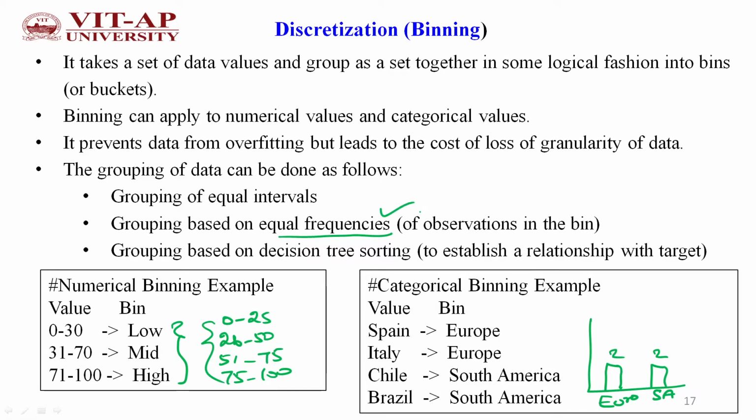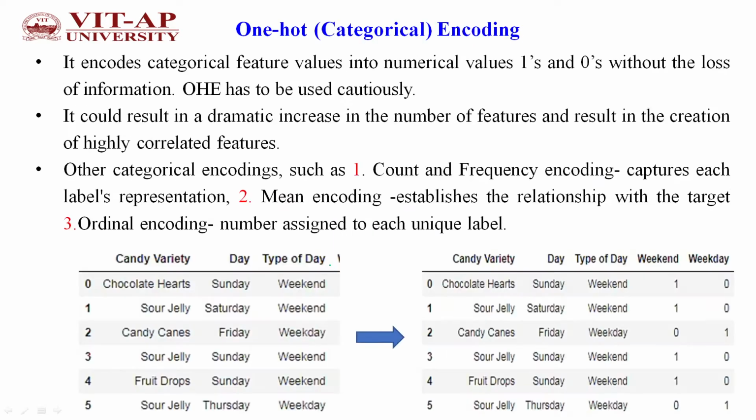So each bin will have an equal number of frequencies. Then the next one is the decision tree sorting. The decision tree will give you the sorted classes, and based upon that relationship, we will group the given data points.